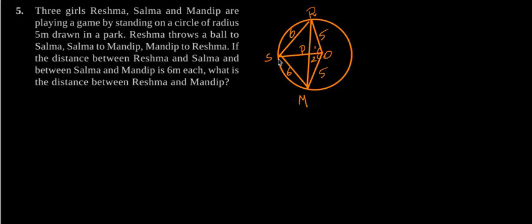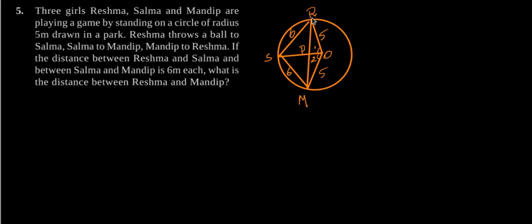R for Reshma, S for Shalma and M for Mandip. The radius of the circle is 5 cm, and the circle is already drawn in the park. These three girls are standing on the circle for playing.